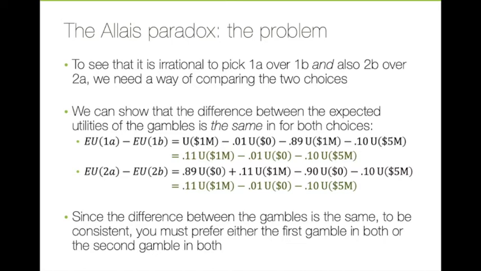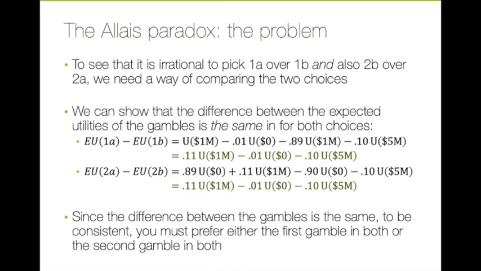In the first one, we get to subtract the two that have the utility of $1 million. And so that gets us down to that formula in green. And then in the second, we get to subtract out the utility of $0. And again, that gives us the formula in green.